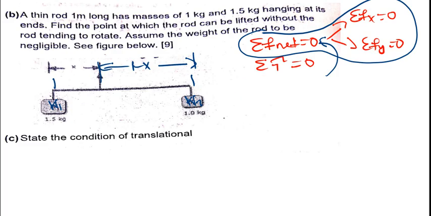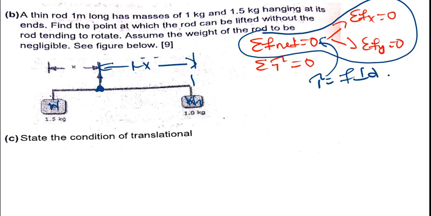Torque is basically force times the perpendicular distance. For example, if this is the force here, the perpendicular distance will be this one. This is my pivot. Our goal is to find the value of x in this case. That is the distance they want us to find.